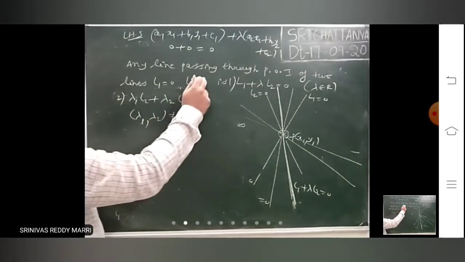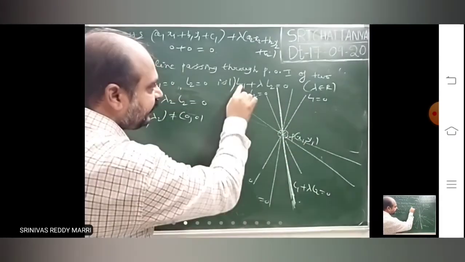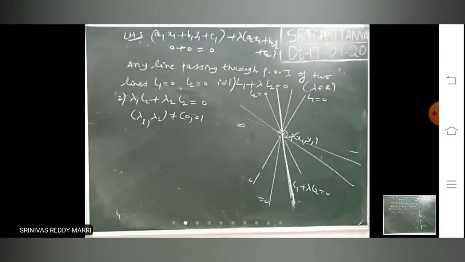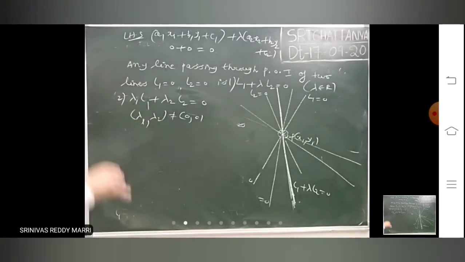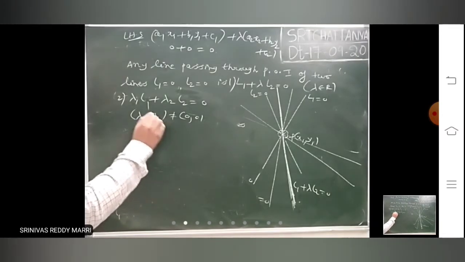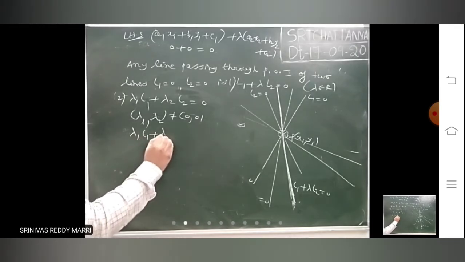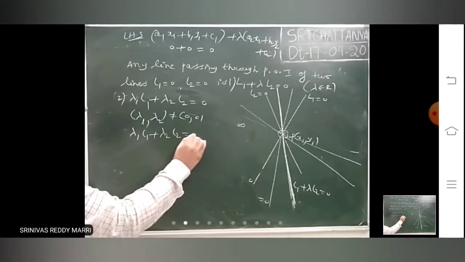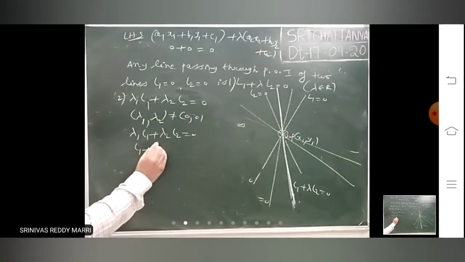So this line can be taken in the form L1 plus lambda L2 equal to 0, or in the form lambda 1 L1 plus lambda 2 L2 equal to 0. Because look at lambda 1 L1 plus lambda 2 L2 equal to 0.